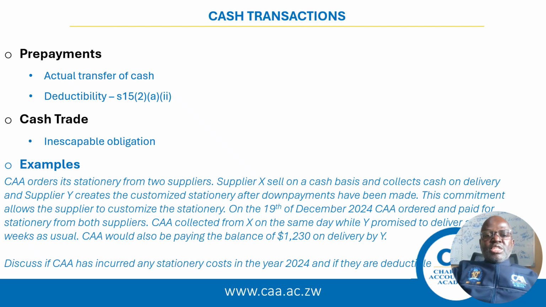So in the year 2024, there's been that prepayment, and section 15.2a will say, look, this is not allowable as a deduction in the year 2024 because the performance has not yet happened in terms of the delivery of the stationery.